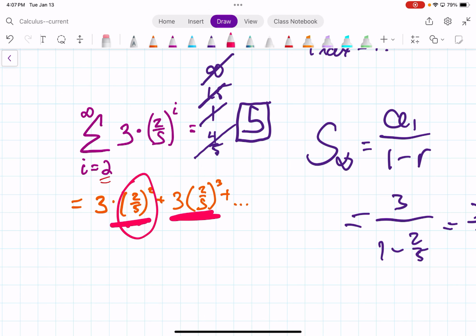Do you agree with that? If I wrote out a list of 500 of these numbers, by the 500th number it's getting small, because it's going to be 2 to the 500th power, which feels big until you divide it by 5 to the 500th power. So that fraction, times 3, is getting closer and closer to 0, okay?